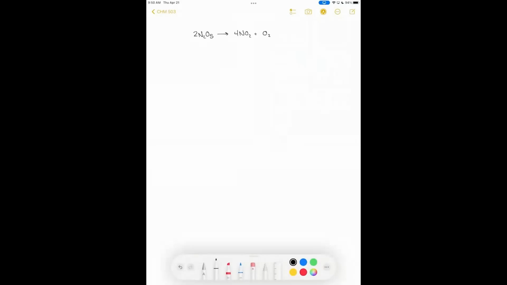The proposed mechanism for this reaction is as follows. We start by taking a single molecule of N2O5, and we put this in equilibrium with a rate of K1 and K minus 1 to making 1 molecule of NO2 and 1 of NO3. So this N2O5 decomposes into NO2 and NO3.